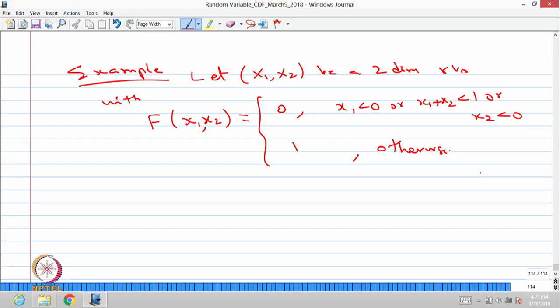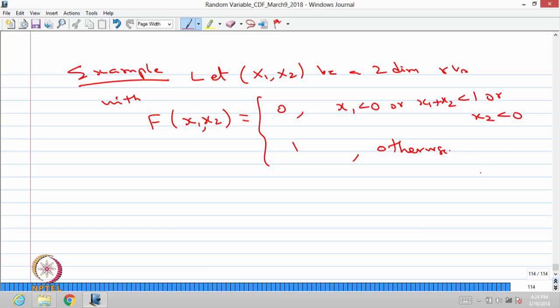That means this is a real valued function of two variables. Whether this satisfies the three properties which we have given: if all these three properties are satisfied, then you can conclude this will be the CDF of a two-dimensional random variable. You can easily verify the first two properties.